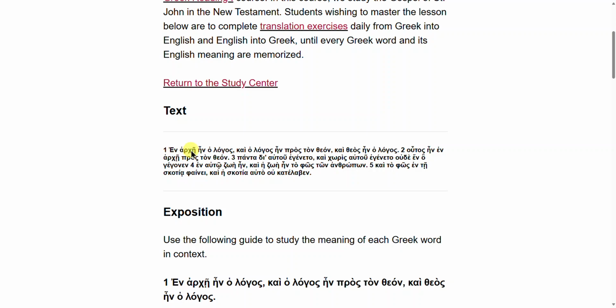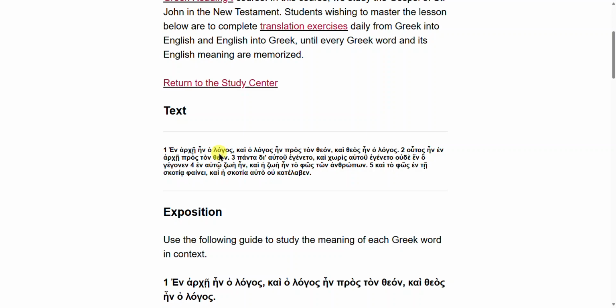Then for arche, under it, you would write the beginning and put the in parentheses. Then for en, you would write was. For ho, you would write the. For logos, you would write word. And move like that, one word at a time, translating the Greek word into English, showing that you understand the meaning of every Greek word.